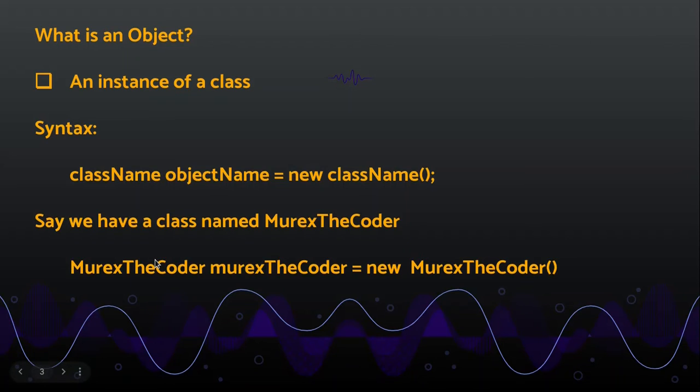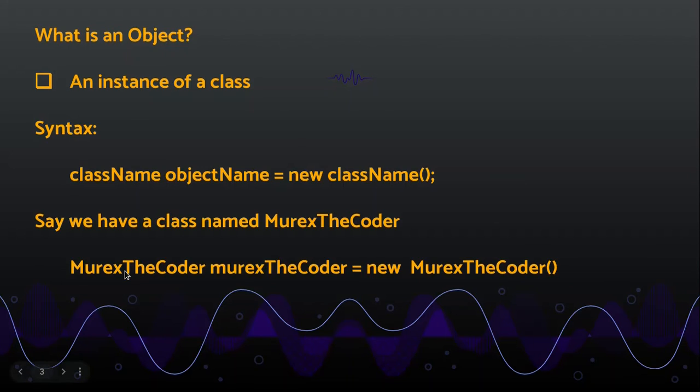So you have a String with a capital letter S, and you can name that object string in small letters, and that's going to be the name of the object. In this case, I just changed the case of M to lowercase, and I left everything else as it is. Then what we have there is new, and then Murex decoder. That's basically how you define an object.